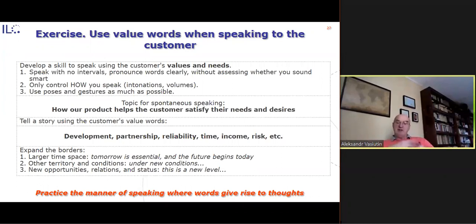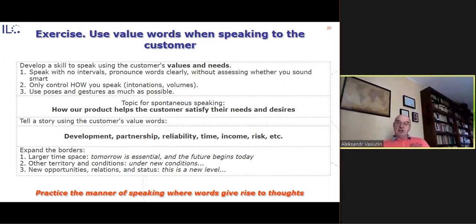And you use these words: development, partnership, reliability, time, income, risk, and you integrate them into your presentation, into your talking with your customer, describing those benefits the customer will get after buying your product, the legal policy.